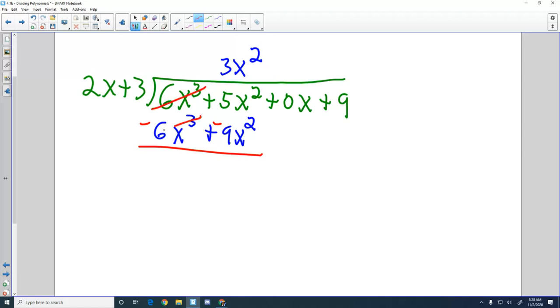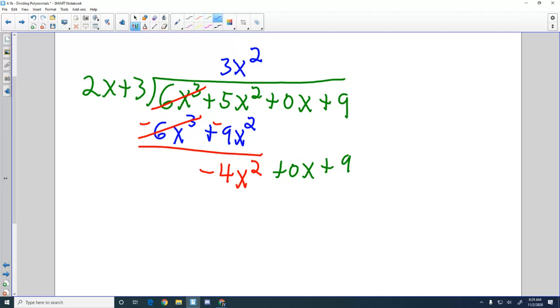6x cubed minus 6x cubed cancels out. Then I've got 5x squared minus 9x squared. That's going to give us a negative 4x squared. Then just drop down the rest of the dividend, and we repeat the process.